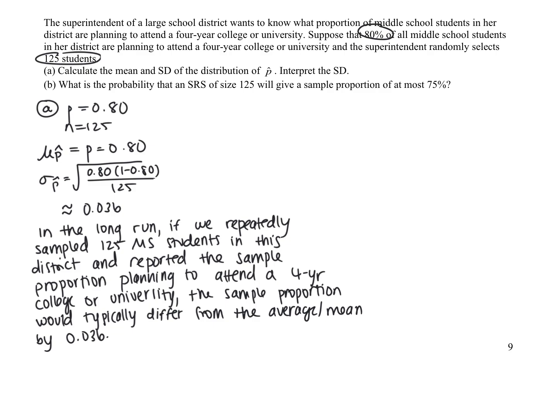So if we were to take a whole bunch of samples of the same size over and over and over again and calculate a sample proportion, this is the typical difference between that and 0.8.